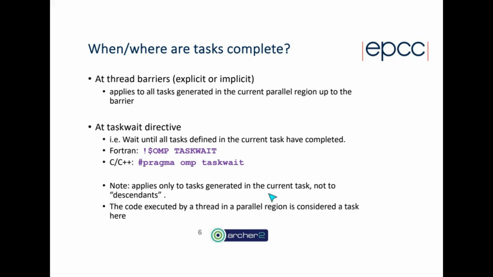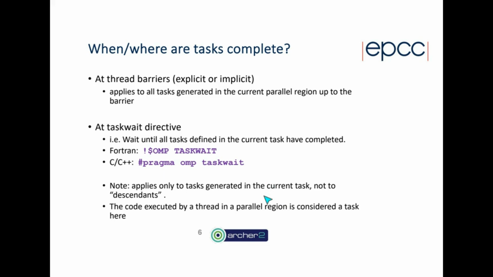This is what's called a shallow wait, in that it applies only to tasks generated in the current task. If we have nested tasks, it doesn't apply to descendants. It only applies to the immediate children tasks of the current task, but it doesn't wait for the grandchildren or great-grandchildren tasks.